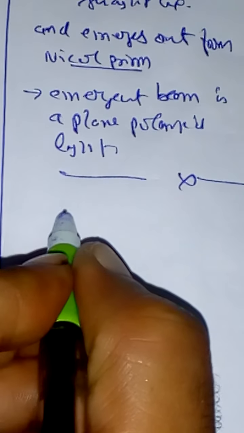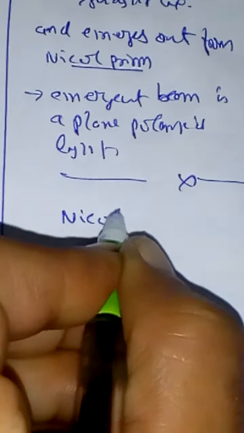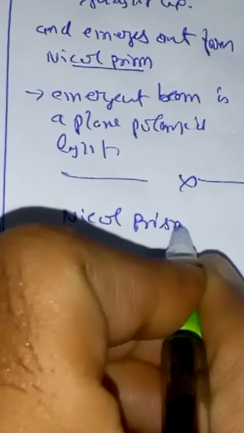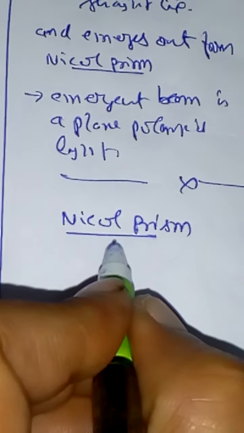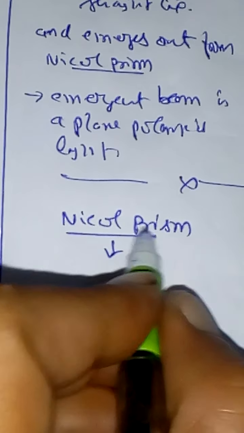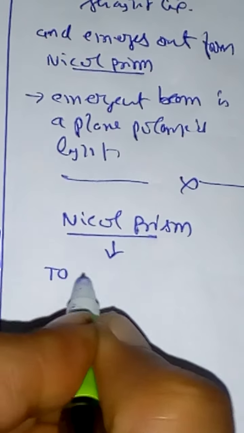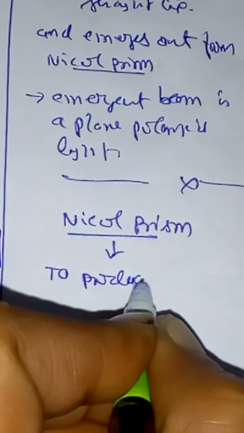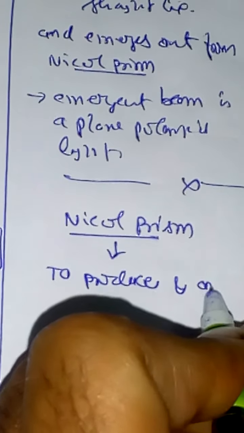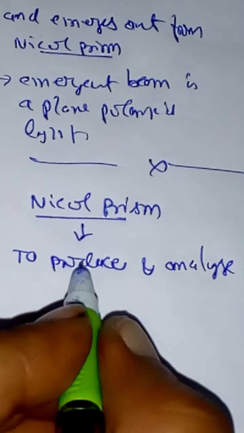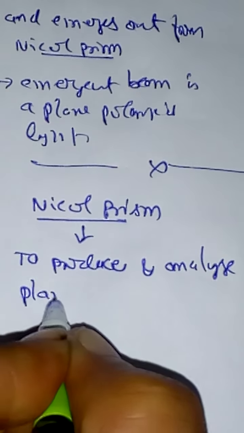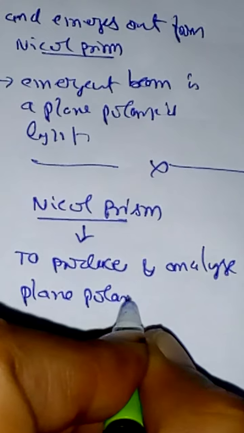Now we are using the word Nicol prism. Why do we use a Nicol prism? The purpose of using a Nicol prism is to produce and analyze plane polarized light.